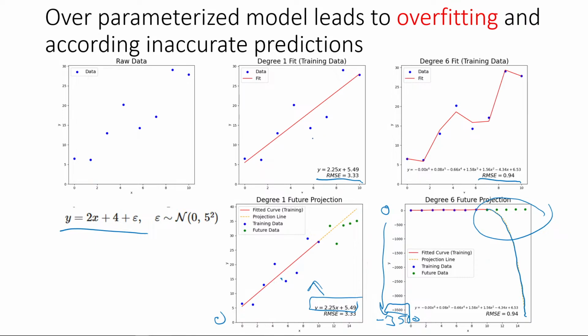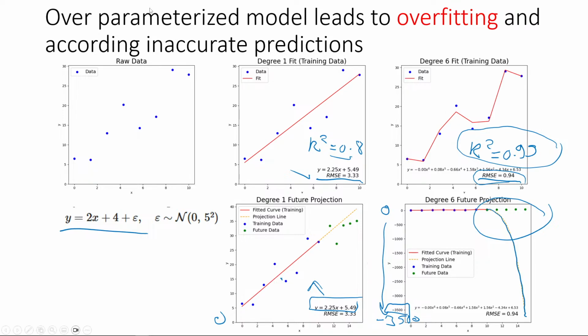The r square for this one, I think I calculated, is like 0.8, and the r square for this one is like 0.9. So even though this one has a smaller r square and larger root mean square error, it is still preferred over this one, which has a better r square and better root mean square error.